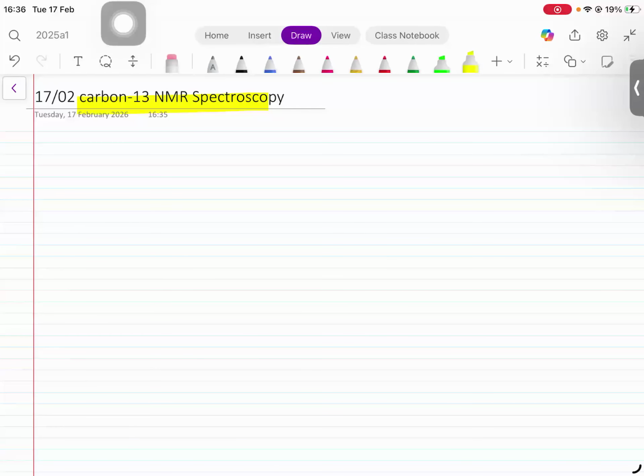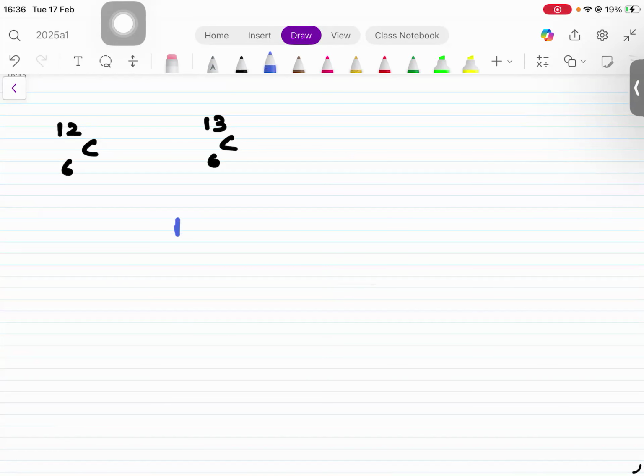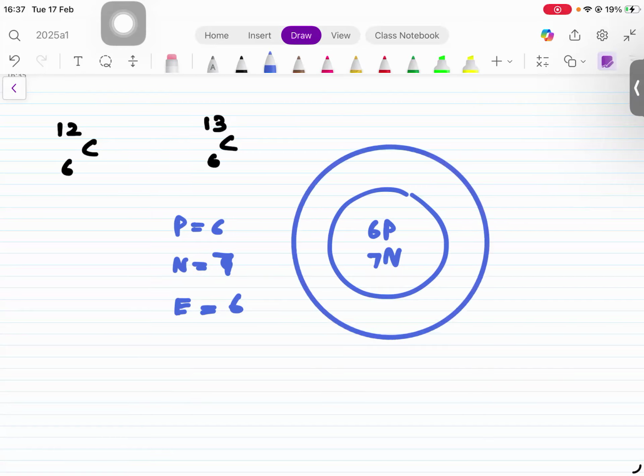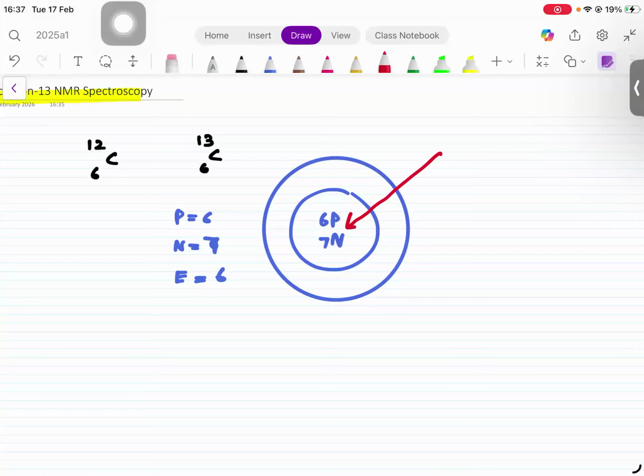If you look at carbon, its atomic number is 6 and mass number 12, and there's another isotope, carbon-13. Carbon-13 has 6 protons, 7 neutrons, and 6 electrons. Because the nucleus contains 6 protons and 7 neutrons, an odd number of particles, it can create a magnetic field around it and behaves like a tiny magnet.